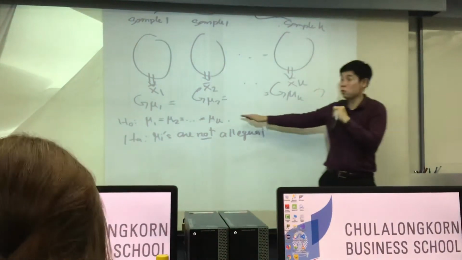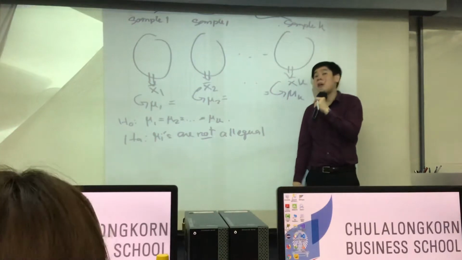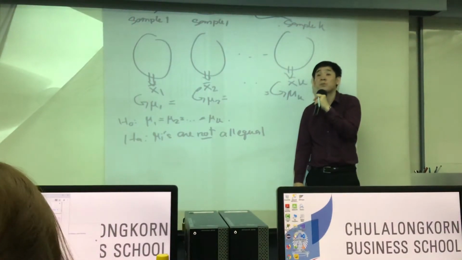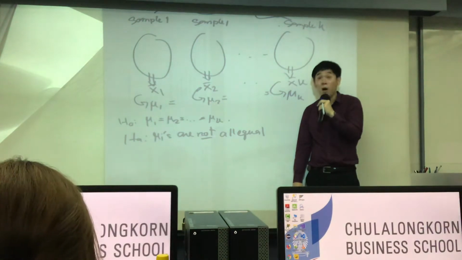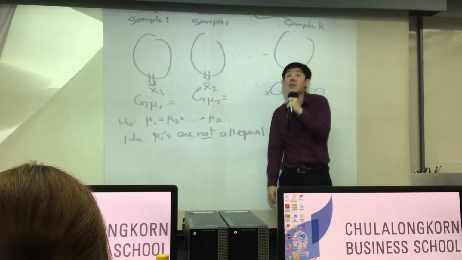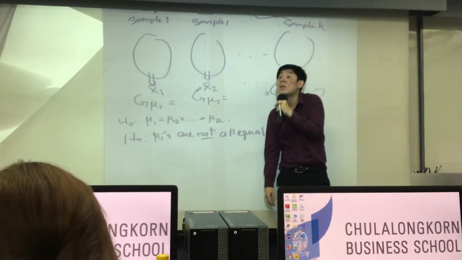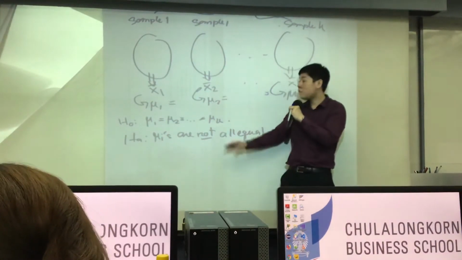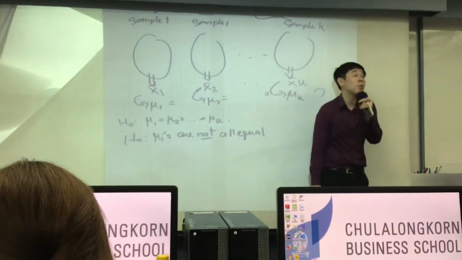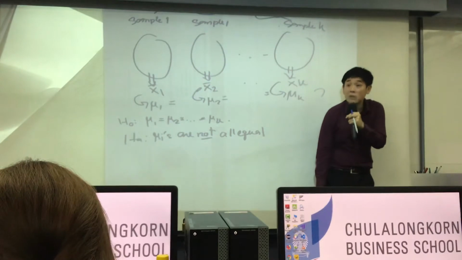So meaning that the variance among X bar is supposed to be large or small? Small. Because if they're all the same, X bars are close, and the variance among X bar is small. If HA is true, the variance among X bar is supposed to be large.